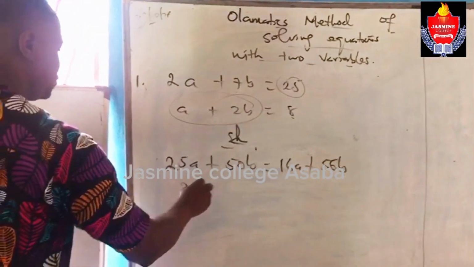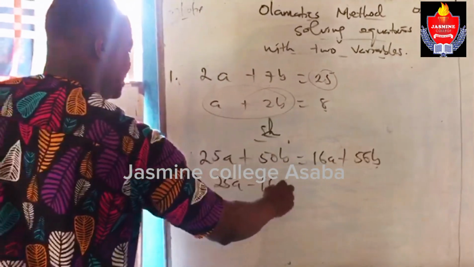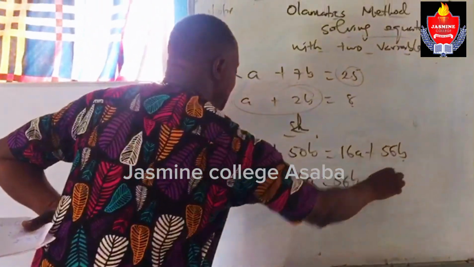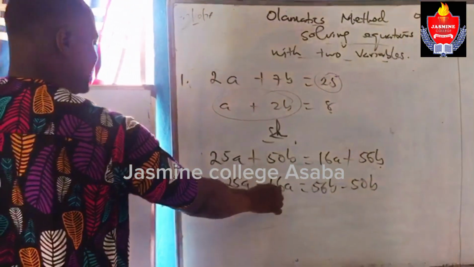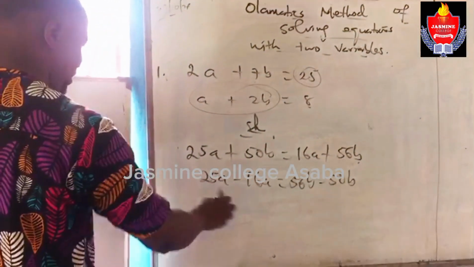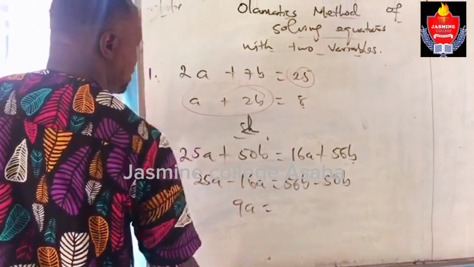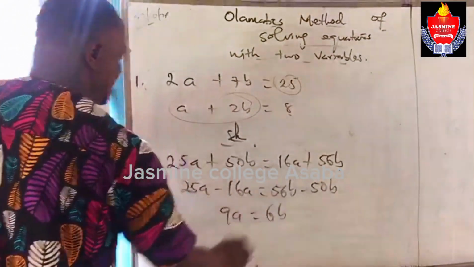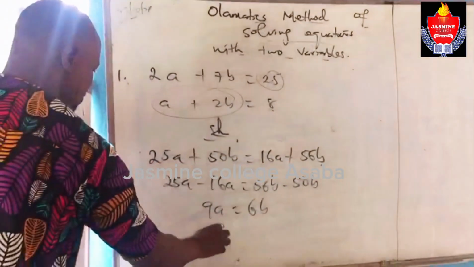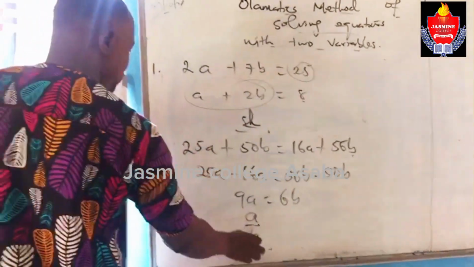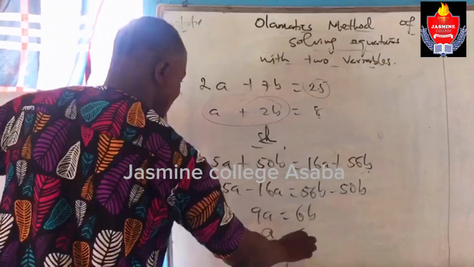So here you have 25a minus 16a, equals 56b minus 50b, so that 25a minus 16a, which is 9a, will be yielding 56b minus 50b as 6b. And then about here, you just make a skewness of variables by doing a over b to give 6 over what?